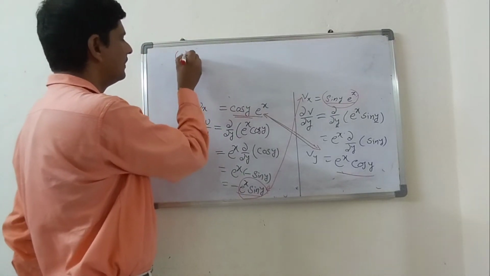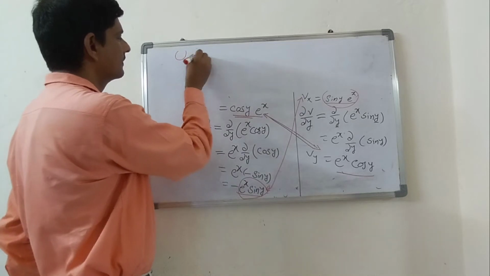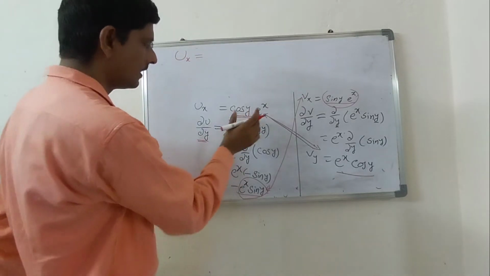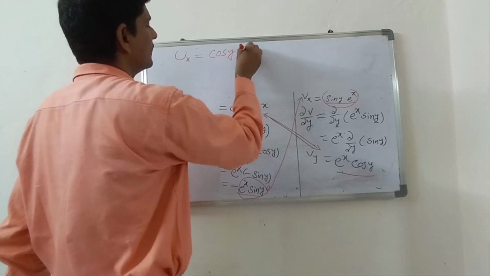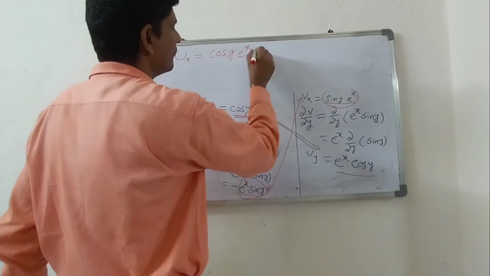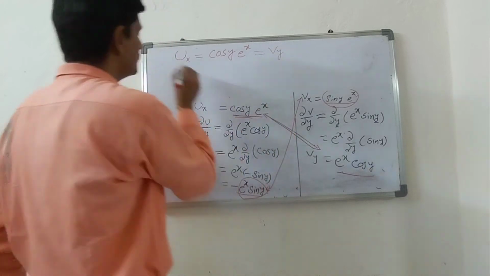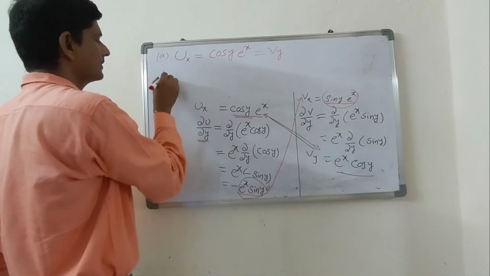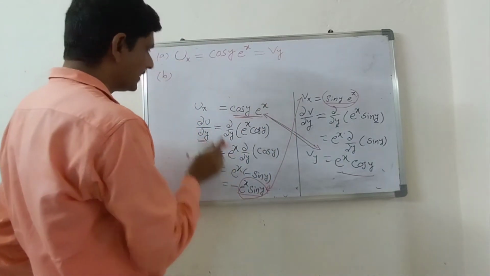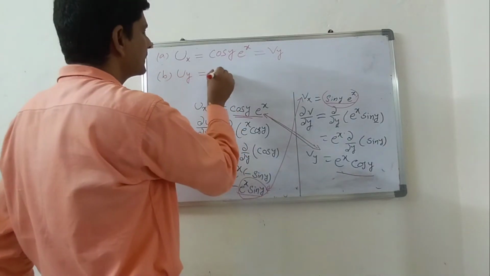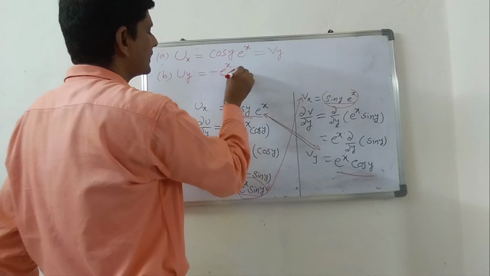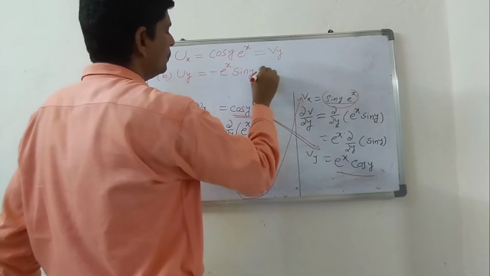Here ux or dou u by dou x. Ux is equal to cos y into e power x. Cos y into e power x is clearly equal to vy. So condition A satisfied. Now uy is equal to minus e power x into sin y.